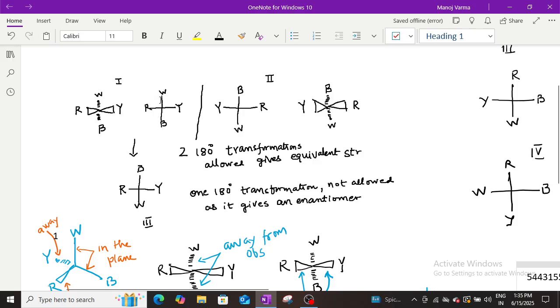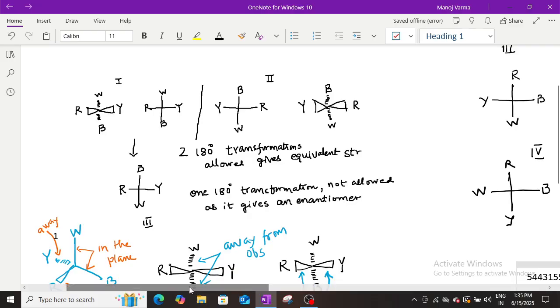See, here white is up, black is down. Here black is up, white is down. So this is a 180-degree transformation. But for the red and yellow, there has been no transformation. So this 180-degree transformation is not allowed, and it will give you the structure of another molecule. Whereas two 180-degree transformations that I already showed you are allowed.